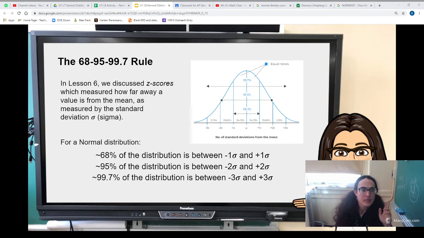So the first thing we can do with a normal distribution is, the normal curve is a very standard curve. Like I said in the last lesson, people have been studying this curve for 400 plus years at this point.